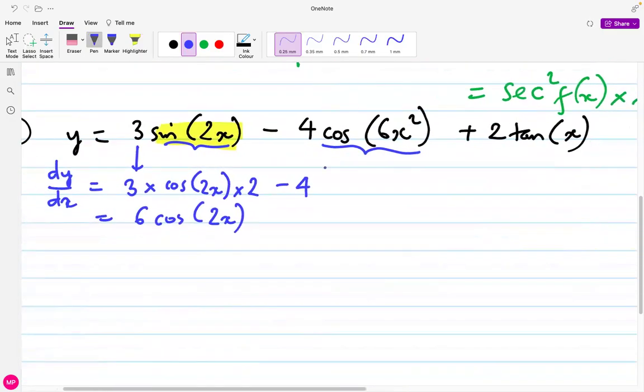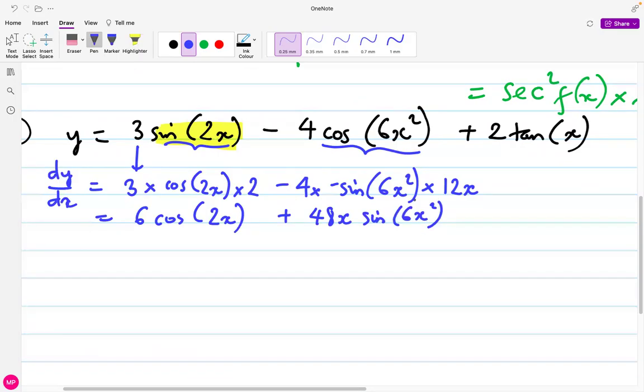So the cos we change to negative sin of the function, which is 6x squared, and we times by the derivative of 6x squared, which is 12x. Then we combine them: negative 4 times negative 1 times 12x. Negative 4 times negative 1 is positive 4, and positive 4 times 12 is positive 48x. Then sin of 6x squared, you write again.